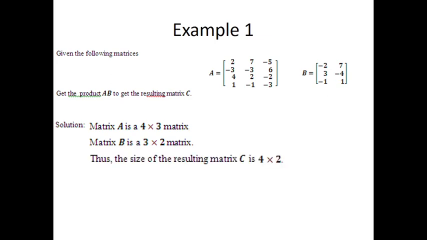Thus, the size of the resulting matrix C is 4 by 2. Conformable ba sila? Number of columns is equal to the number of rows. Therefore, they are conformable, and we can now perform matrix multiplication. The new size will be 4 by 2.